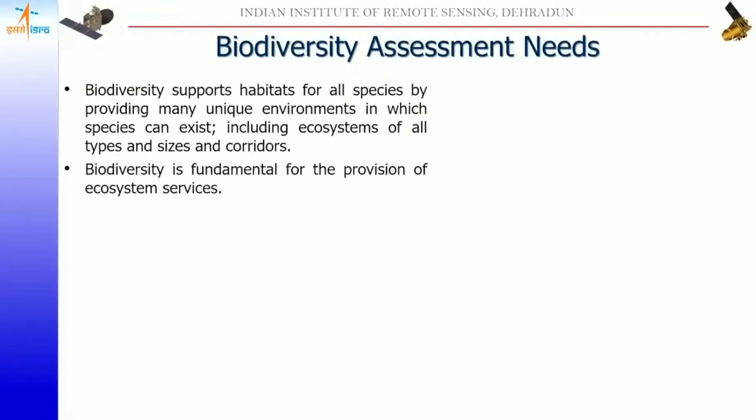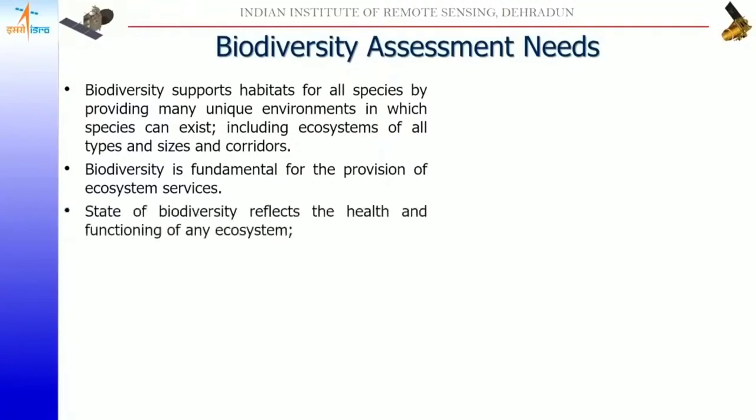It is also fundamental for the provision of ecosystem services, because all the ecosystem services that flow are basically related to the biodiversity component. So this is another importance of biodiversity.